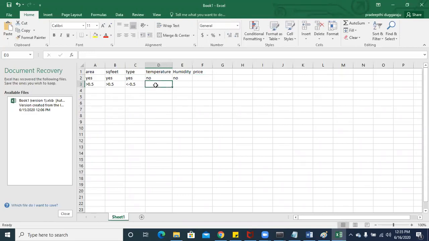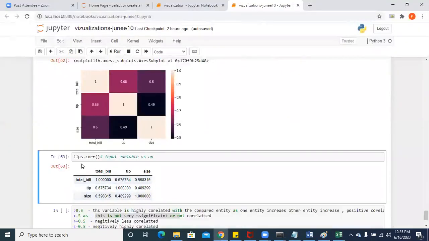The others will have either greater than minus 0.5 or less than positive 0.5. The same thing over here. So based on these values, you can say which feature has more effect on the price. That is what this correlation is.